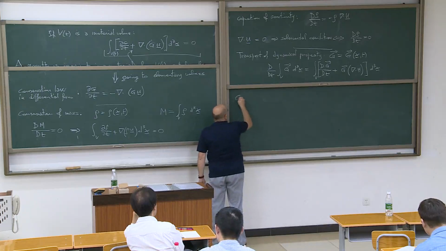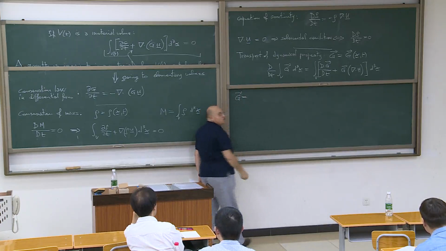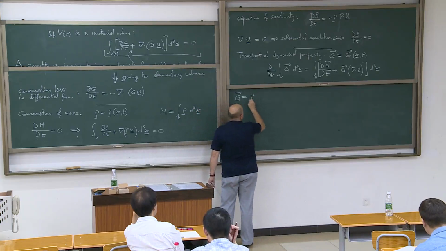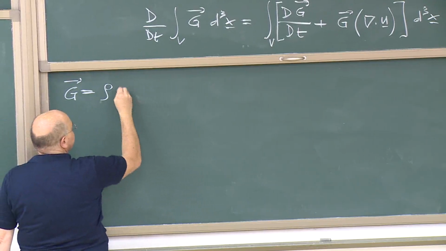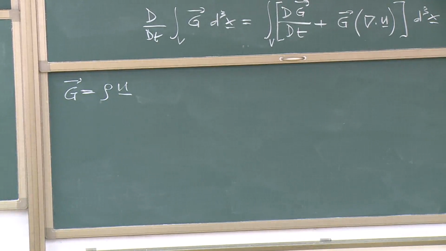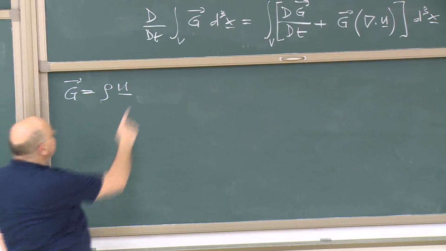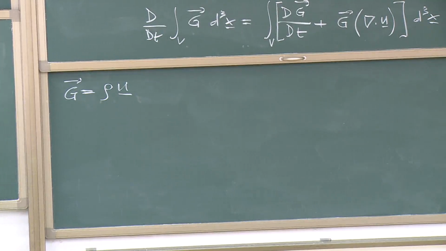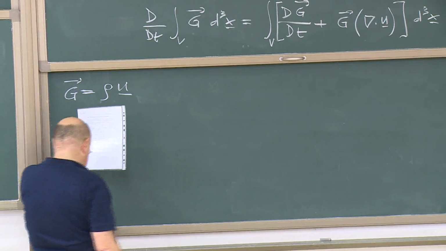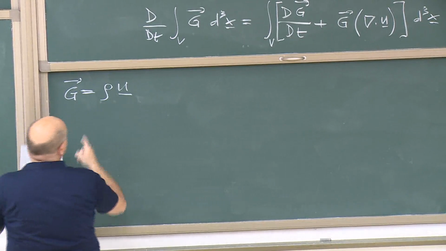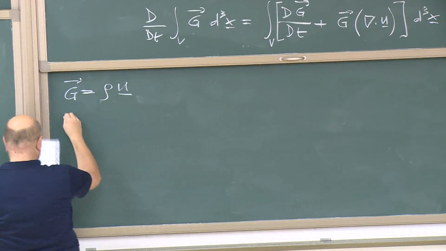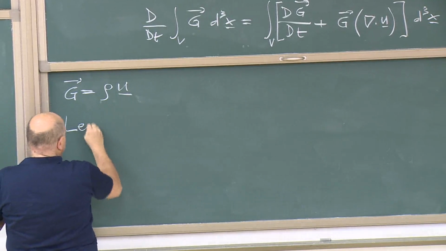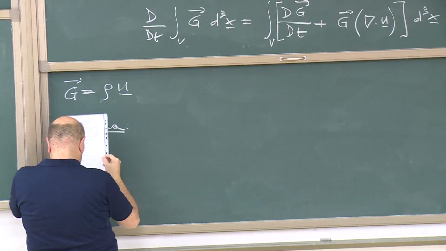Okay. Now, which property? Well, for example, momentum. So what about momentum? G, you define it as some sensible quantity, mass per unit volume times the velocity, rho u. And you apply that equation. So if you apply this equation to this, you get to the conservation of linear momentum. Okay, so I'll do it in a moment, but first I want to show you something. So we have a little lemma that is the following.